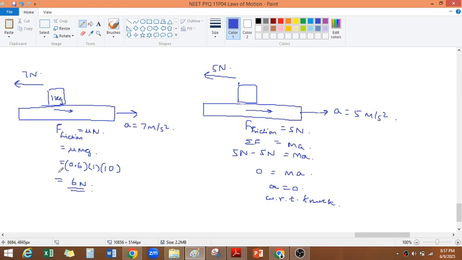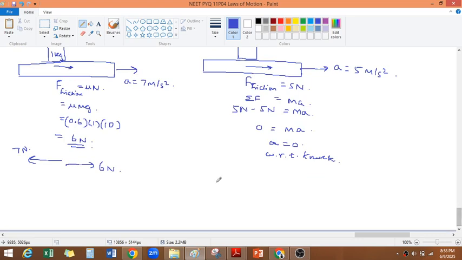So somebody is going this way 7 Newton, somebody is pulling you this way 6 Newton. So what will happen to the object? It will go forward or backward? No answers.